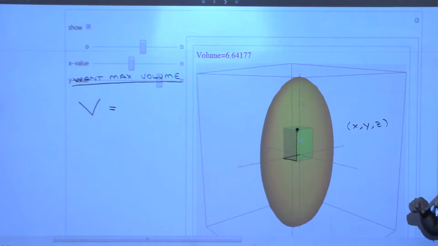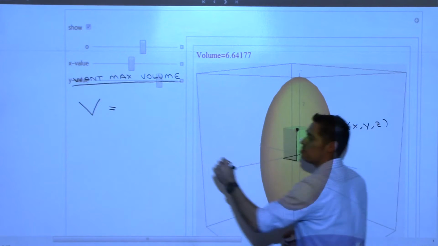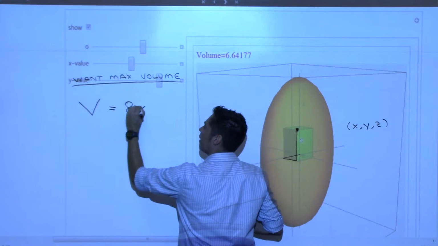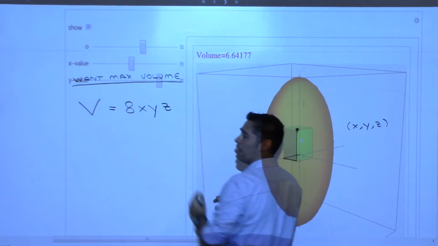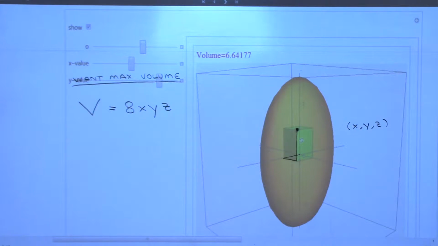X times Y times Z will give you the volume of that box. The volume of the whole thing is 8 of those. So the volume should be 8 X, Y, Z. Agreed? Understand? So that's why I pulled that in there. I took this out. Now, I think if I do that, you can see it. See that? That's just one of the 8 pieces.